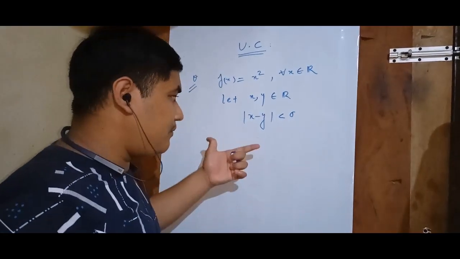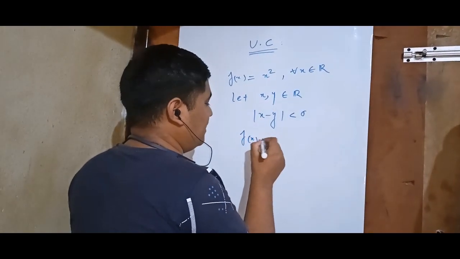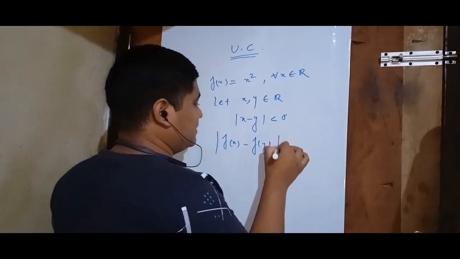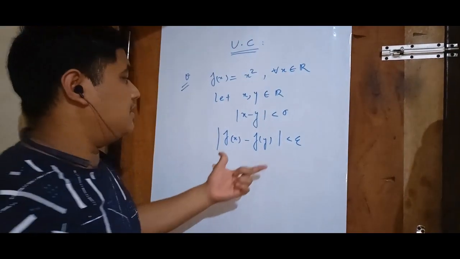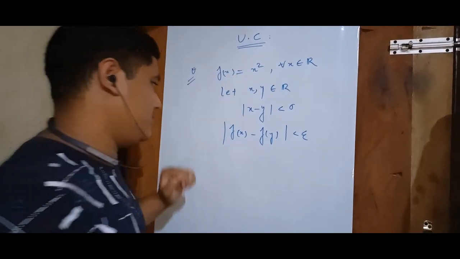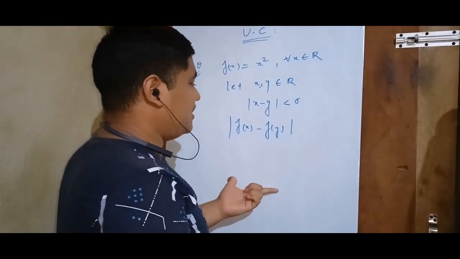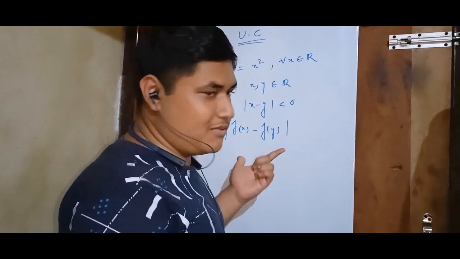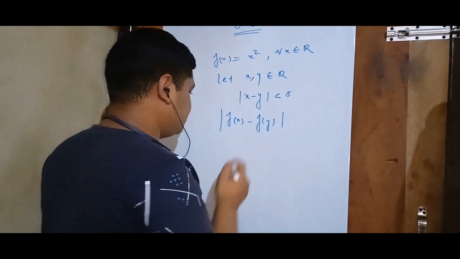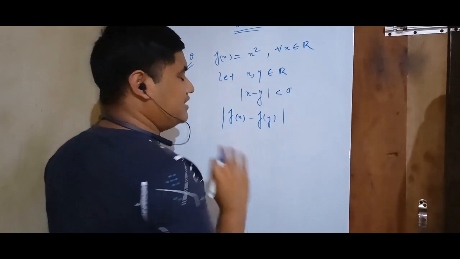Then if we show that the modulus of the functional value at x minus the functional value at y is less than epsilon, we can say this function is uniformly continuous on this domain.